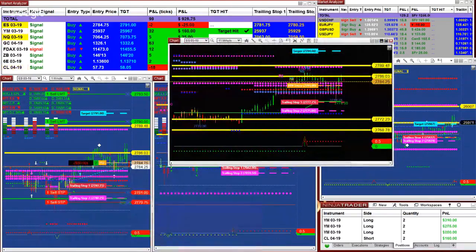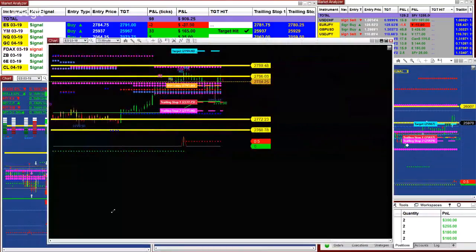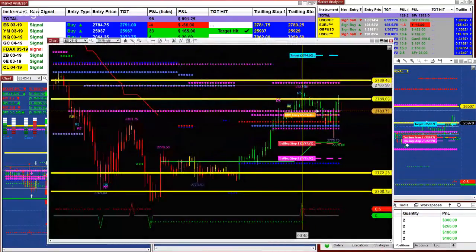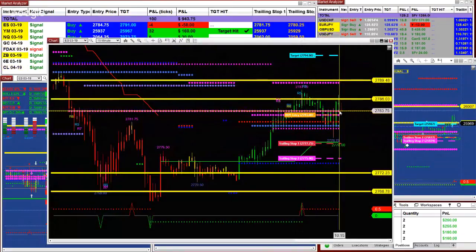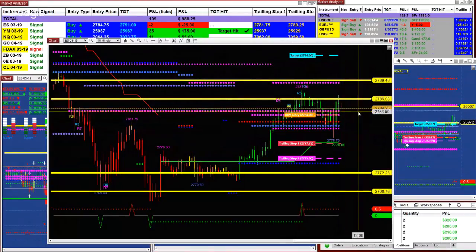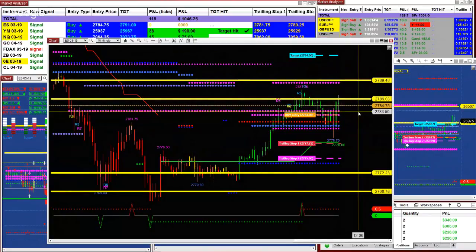On the 15 minutes right now, it is exactly in line with the 83.75 level. It's flirting with that number, and as you see, look at this, you can see how accurate it is, and it has not been able to break those areas.